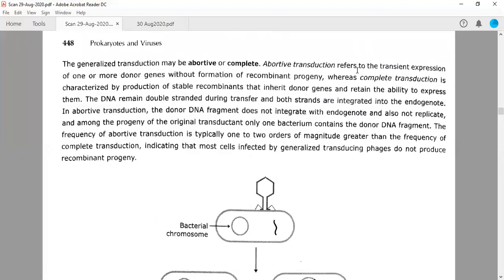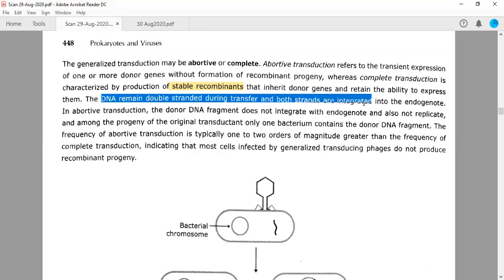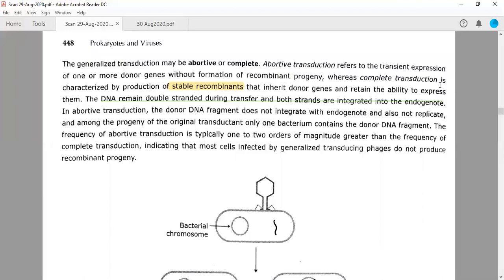So, complete transduction is characterized by the production of stable recombinants that inherit the donor genes and retain the ability to express them. DNA remains double-stranded during the transfer, and both the strands are integrated into the endogenome. Now, what is the difference? We recently discussed one process known as transformation.